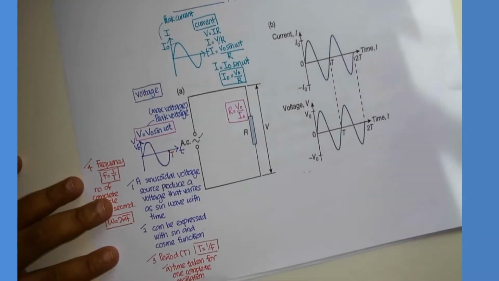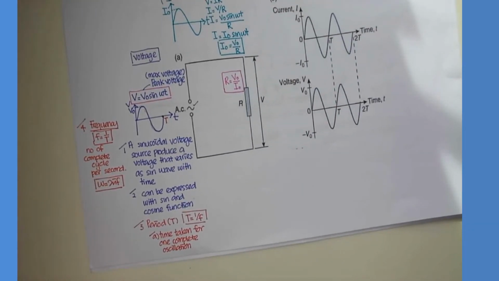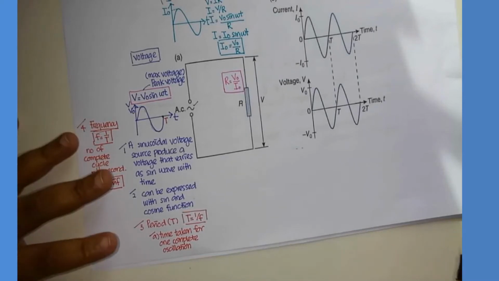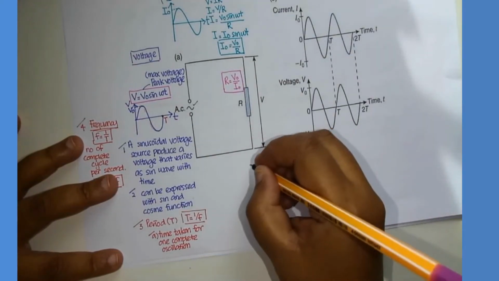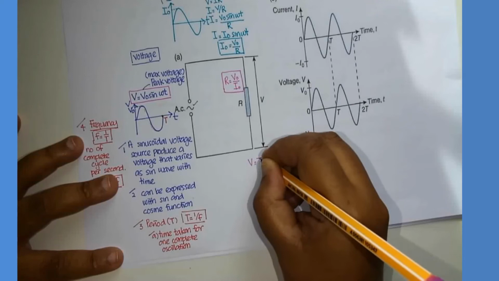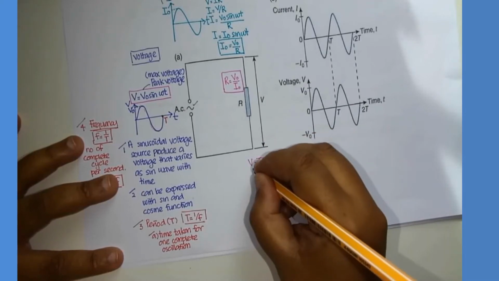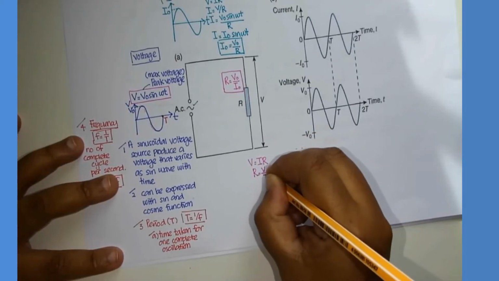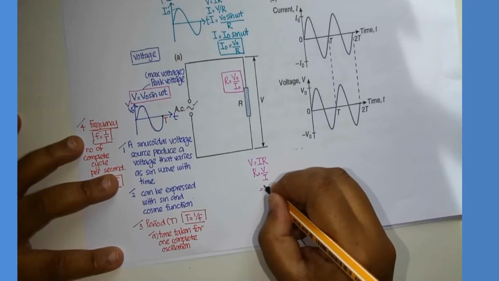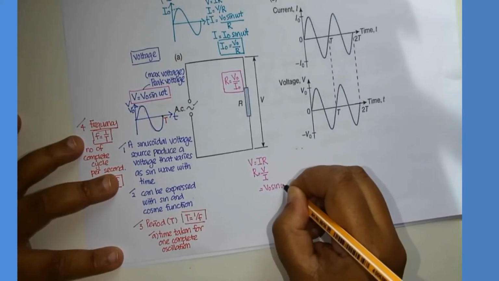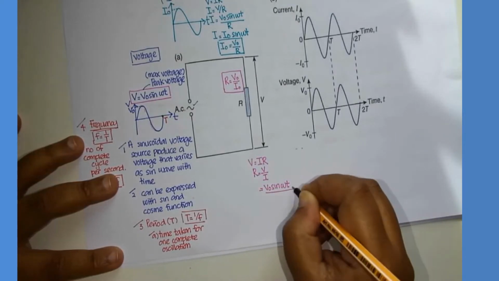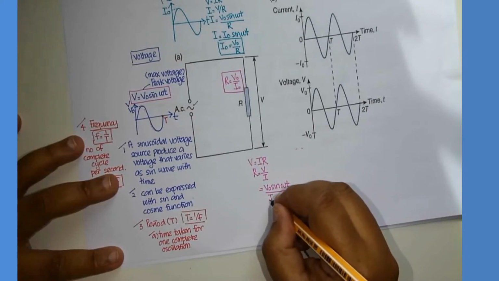The resistance of a pure resistor can be expressed as V equals IR, so R equals V over I, where V is V naught sine omega t and I is I naught sine omega t.